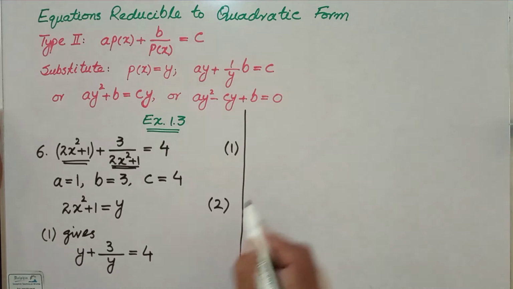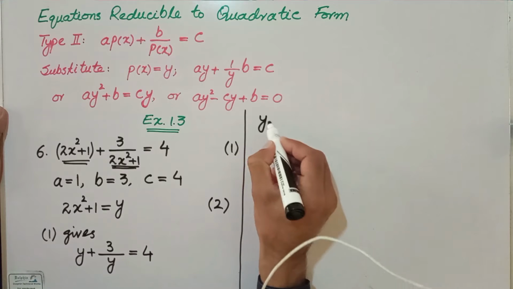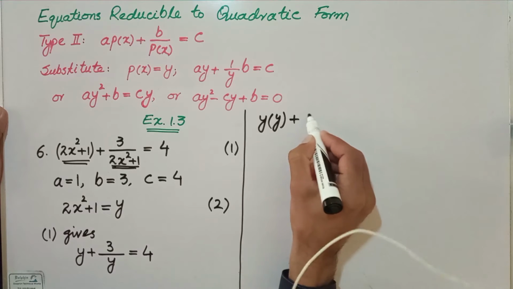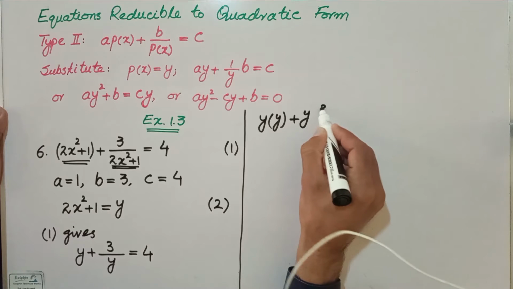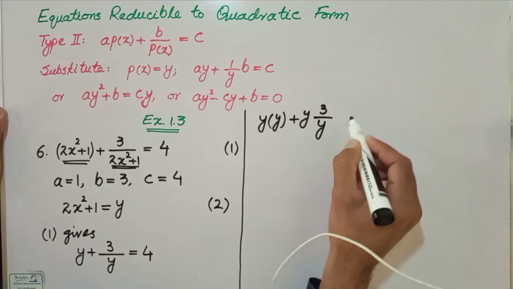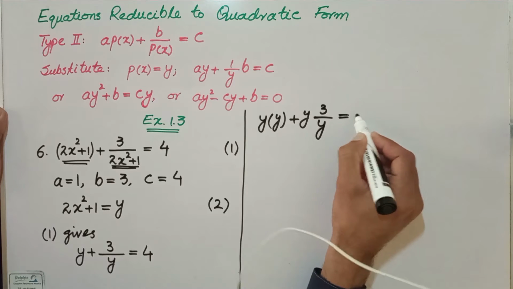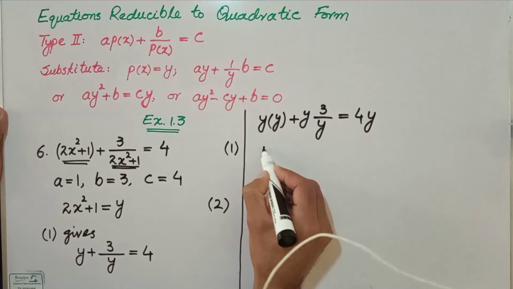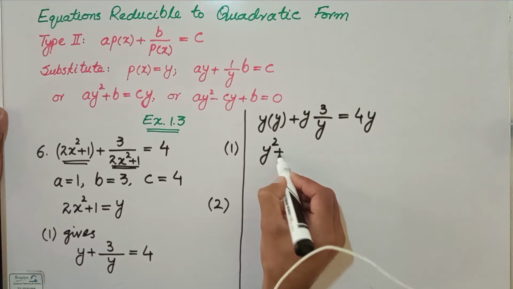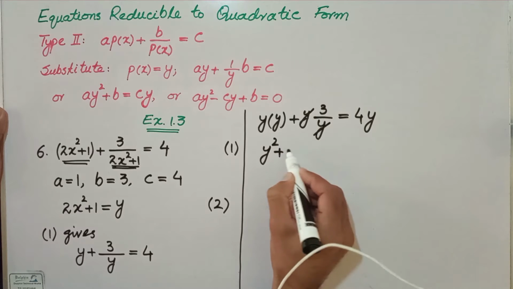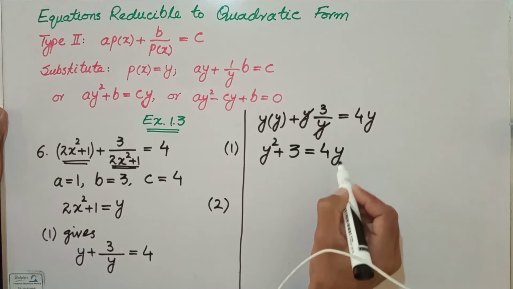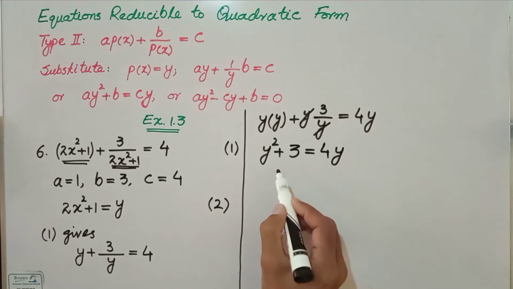Now multiplying both sides of this equation by y, we get y into y plus y multiplied by 3 over y equals 4 into y. Y and y is multiplied, we have y square plus 3, and y is cancelled. We have 3 equals 4y.